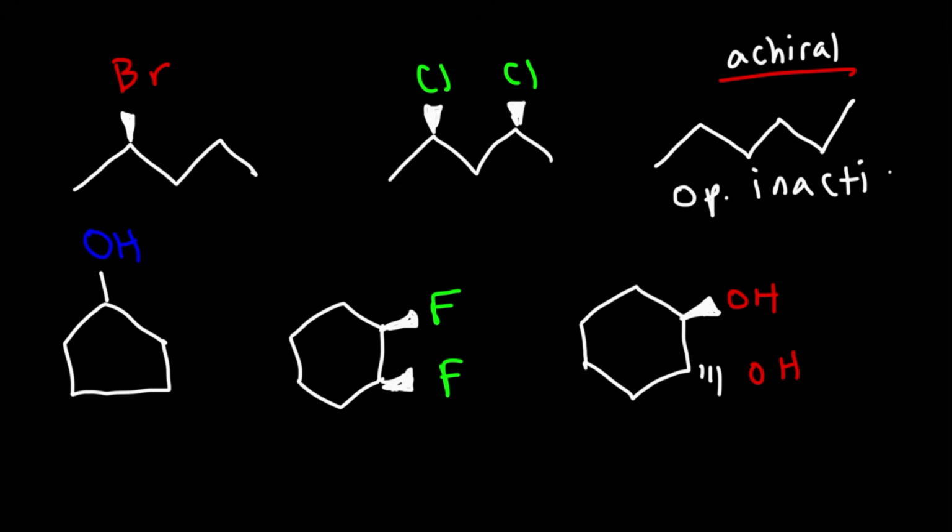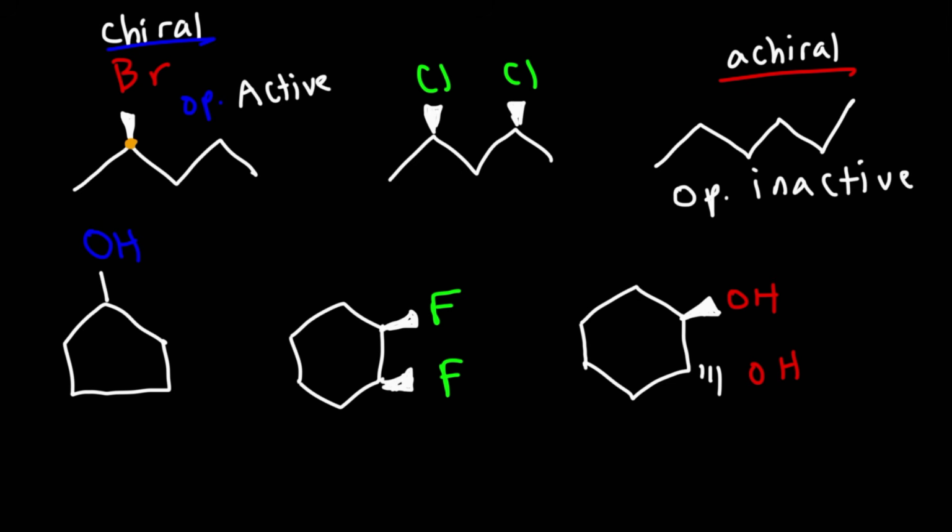It will not rotate plane polarized light. Now, when you have a molecule that has 1 chiral center, like this one, where that carbon has 4 different groups, that molecule is going to be chiral overall. So it's going to be optically active. This will rotate plane polarized light.